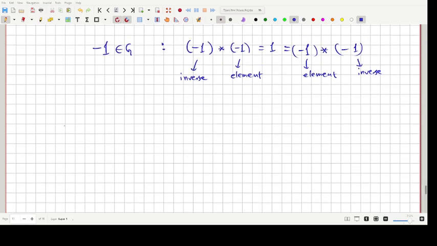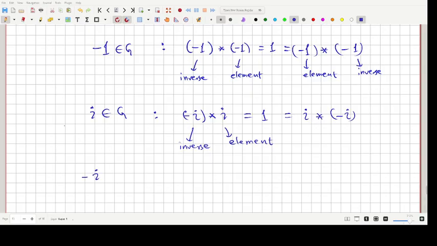Okay, let's look at i now. So i belongs to G, correct? So i star negative i, okay? Negative i star i is equal to 1, and that is equal to i star negative i, right? So this negative i is going to be the inverse of the element i.